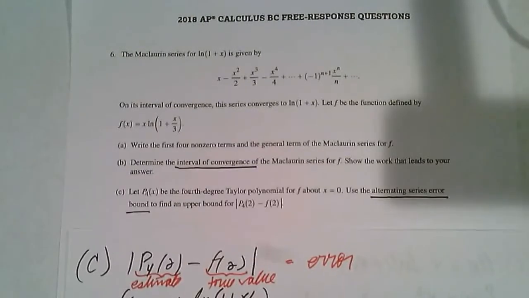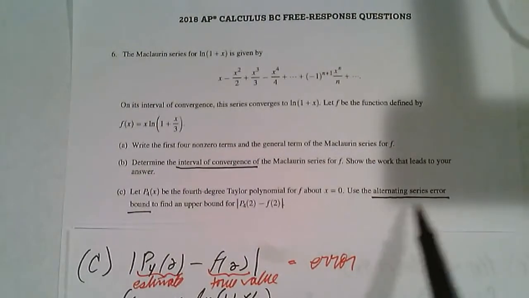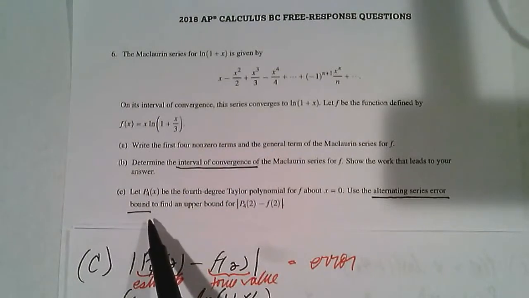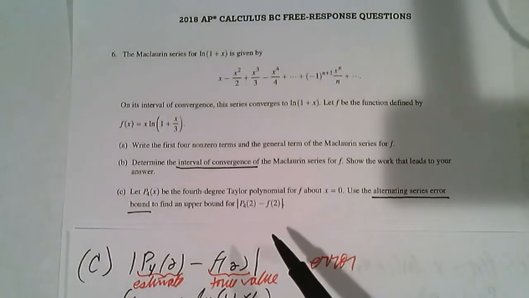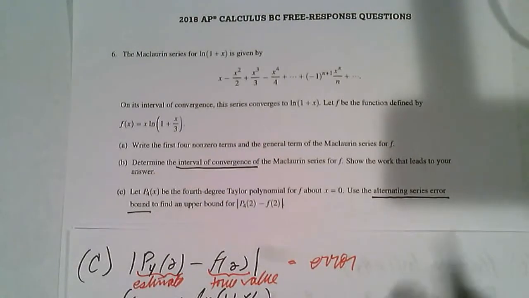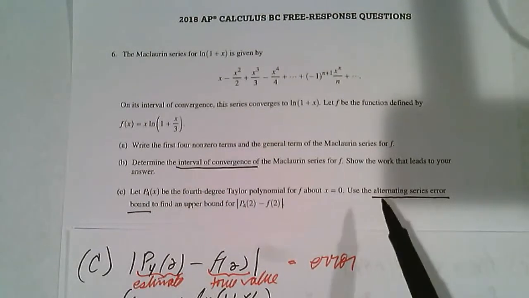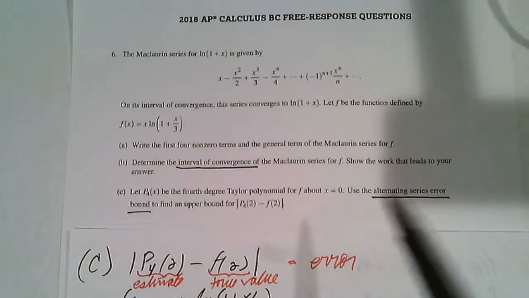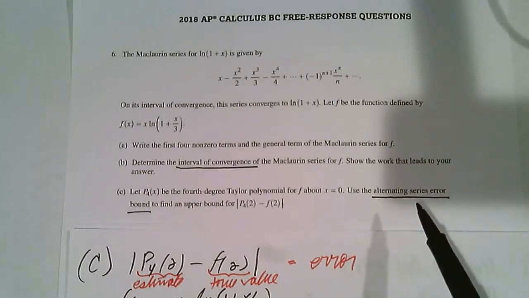Well, they told us in part C, use the alternating series error bound. Now that must mean that number one, we get to use that. They haven't said that we need to show that the conditions have been met. They're just simply saying use that.